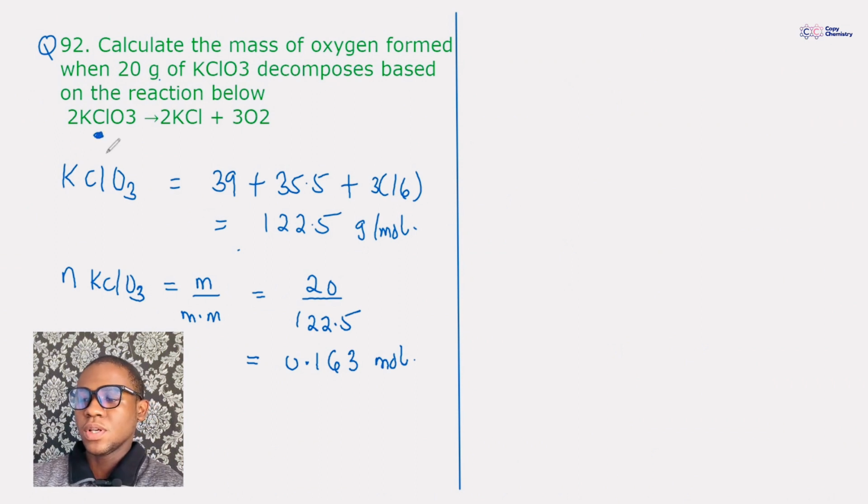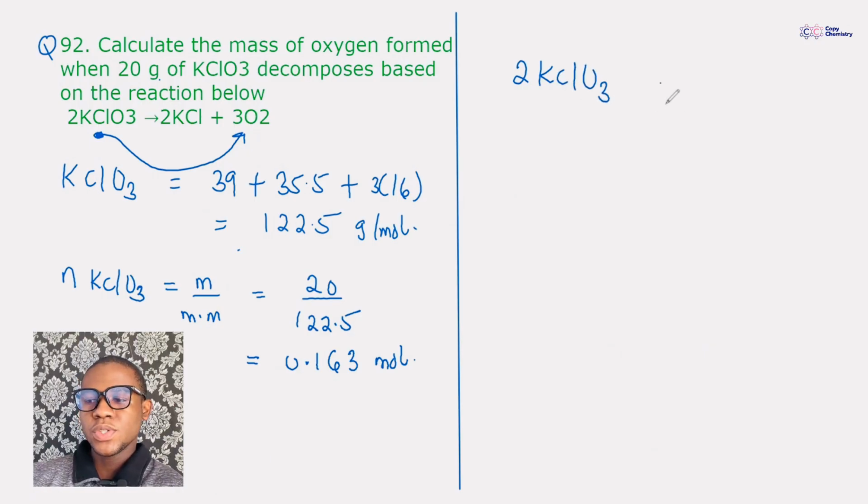We're trying to find the mass of oxygen formed, but first we'd need to get the moles of O2 and compare it to KClO3. Exactly. So we can see here that from that balanced equation, 2 moles of KClO3 produces 3 moles of O2, right?